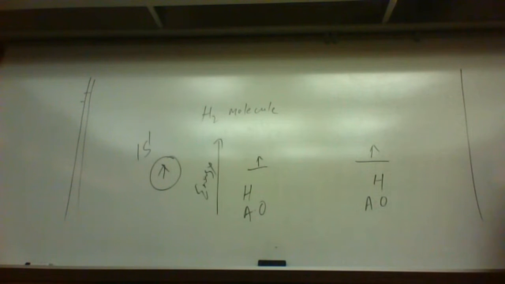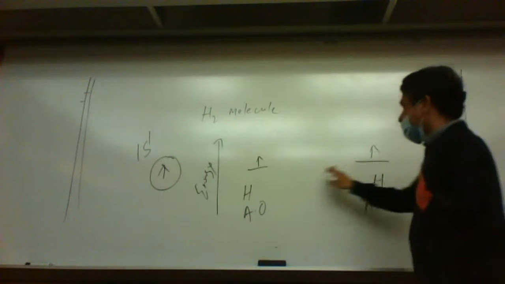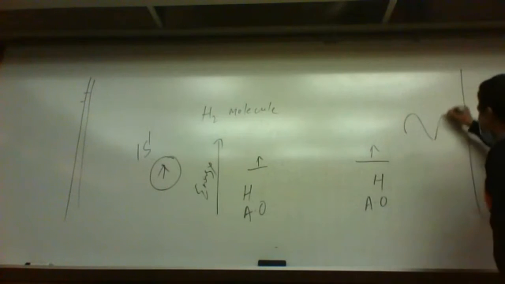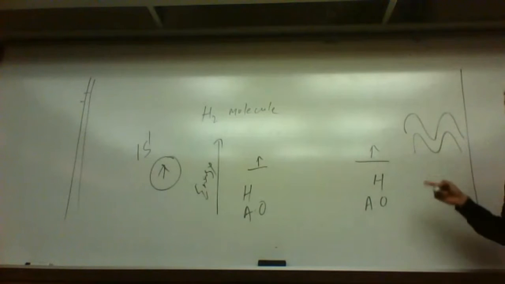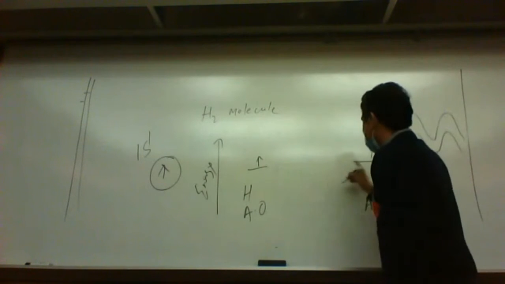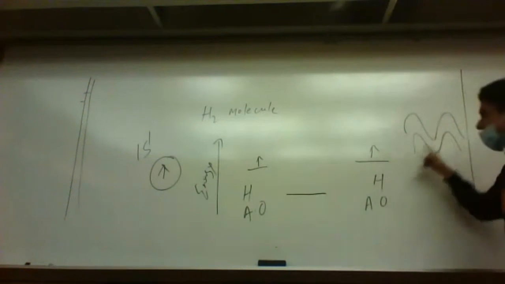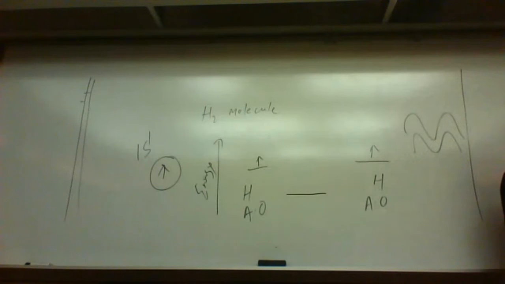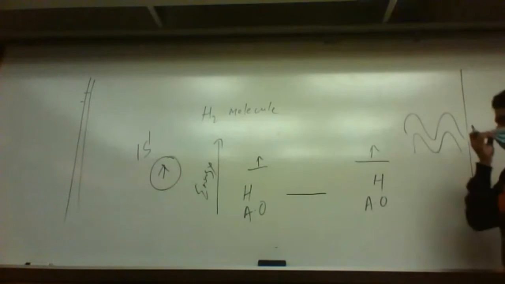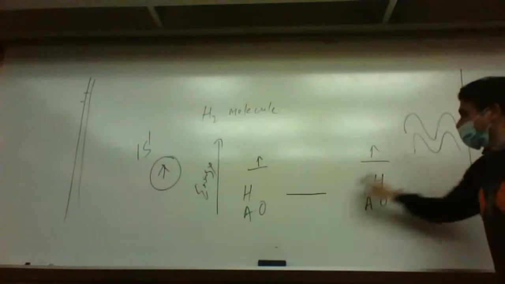Make sense? Now we combine this orbital with this orbital, and then produce this, right? So the energy of this one is lower than this. So we just write here like this. This line is representing this one. So that's a bonding molecular orbital. They are constructively combining here, and so we represent this like this.